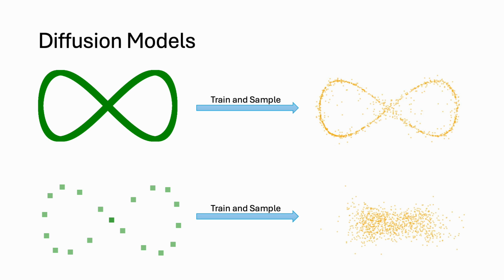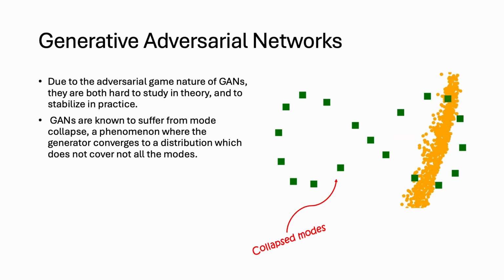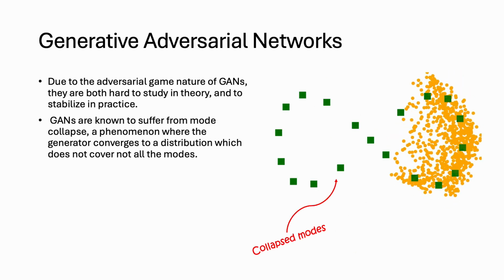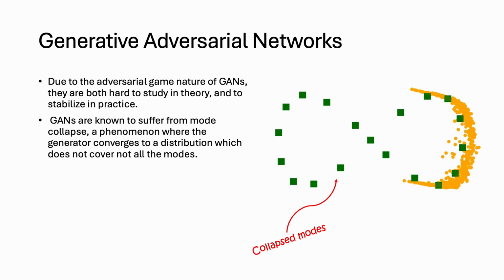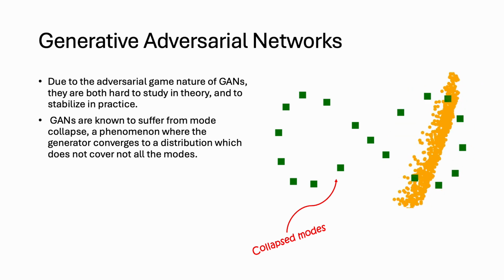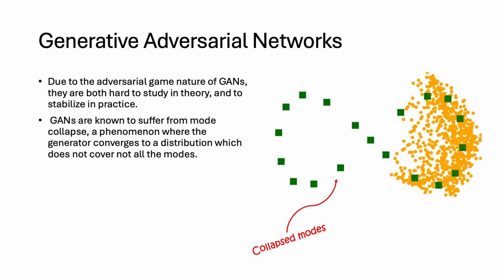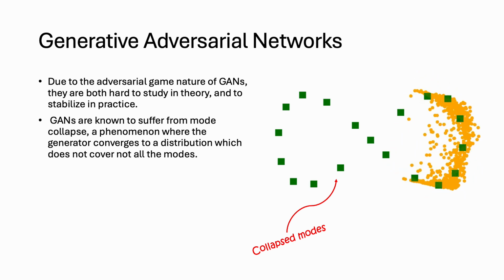What other kind of generative models can we use? Well, GAN happens to be a popular generative model, and they use an adversarial objective for training. But the issue with GAN is mode collapse, in which the learned distribution only covers a few modes of the actual data distribution.